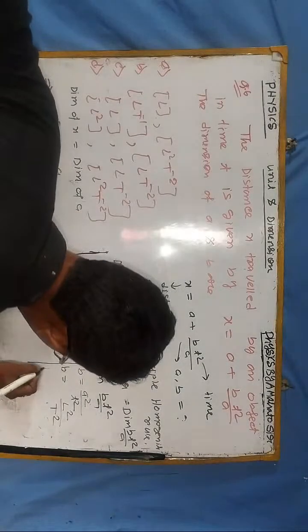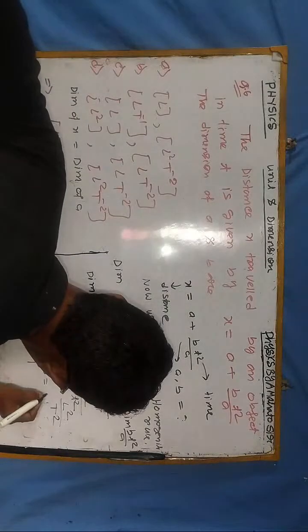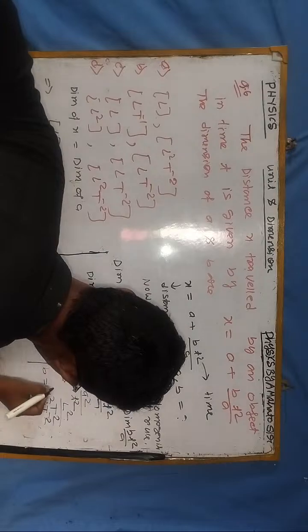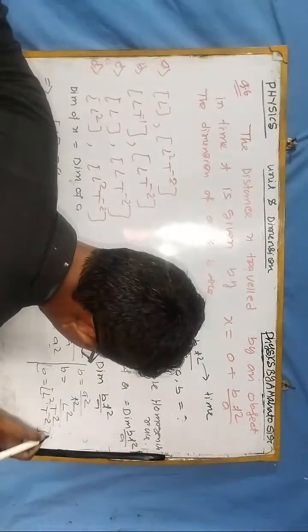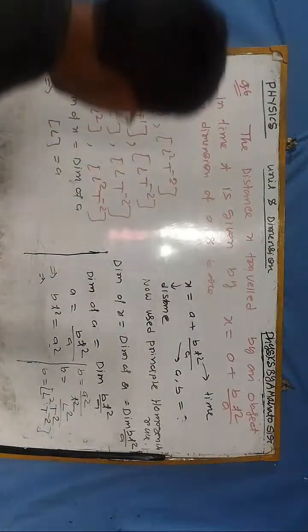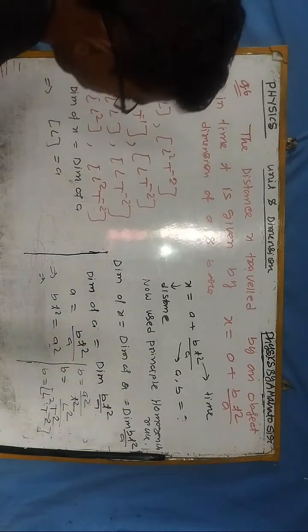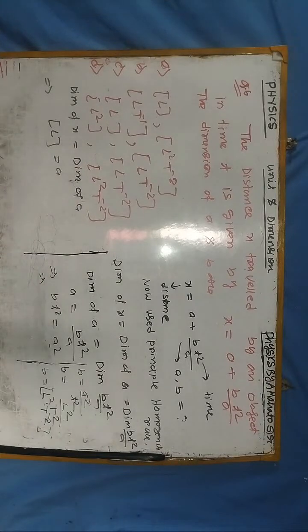So b equal to L square t minus 2. The b dimension is L square t minus 2.